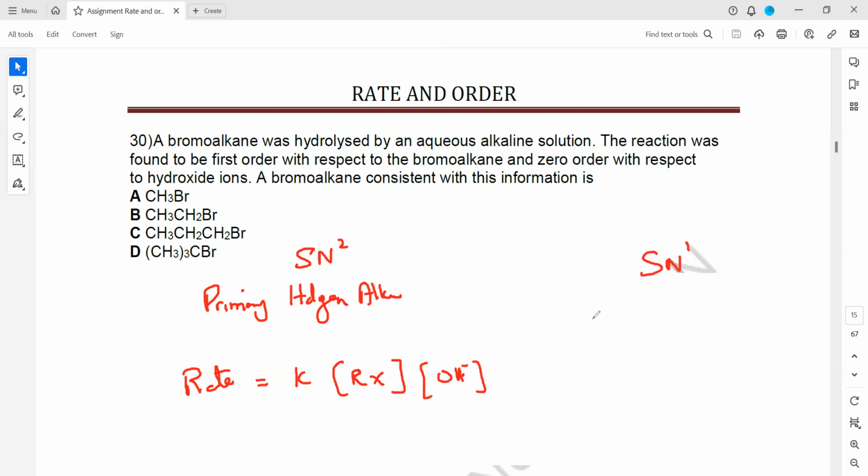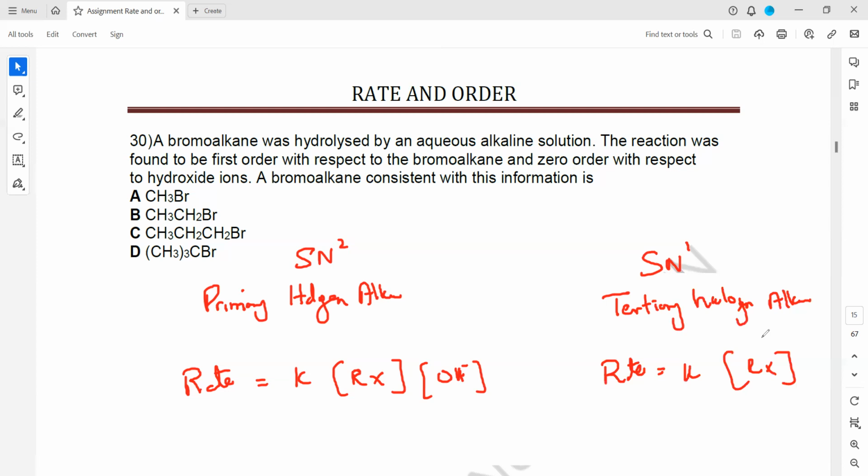But SN1 happens in a tertiary halogenoalkane. The rate of the reaction equals k times the concentration of halogenoalkane. It does not depend on the presence of OH, because in a tertiary halogenoalkane, the carbon is surrounded by more carbon groups, usually alkyl groups, and these alkyl groups are electron releasing groups.